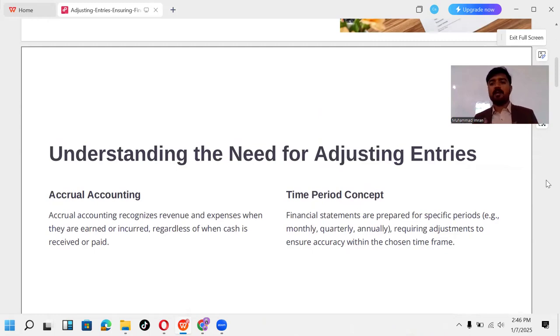These are matched with the periods in which expenses occurred and in which the revenue is earned. For all these reasons, adjusting entries are very important.